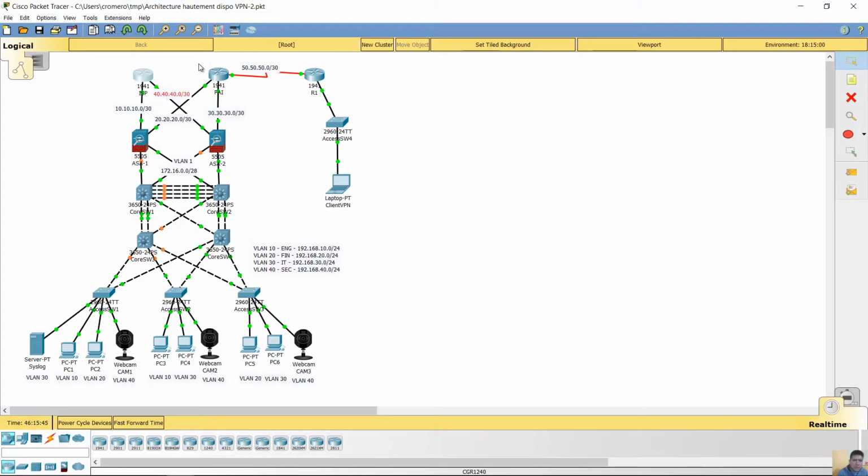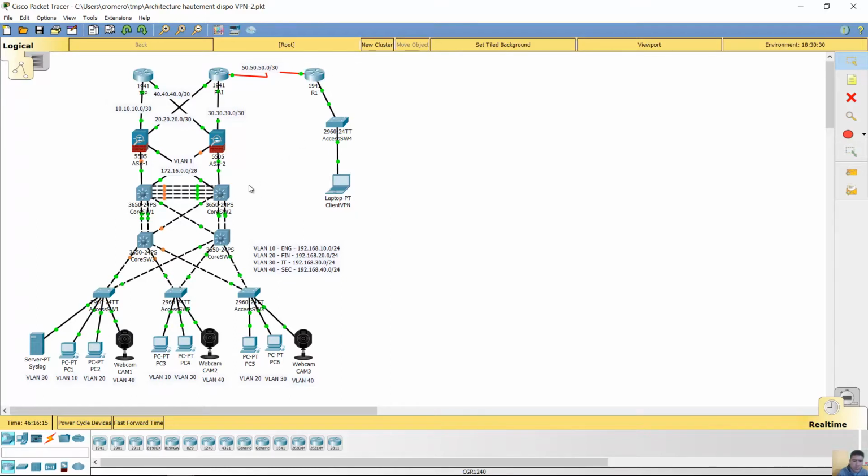The client is on another side of the planet, on the internet, and will connect to the local network. R1 is the router, the branch router.